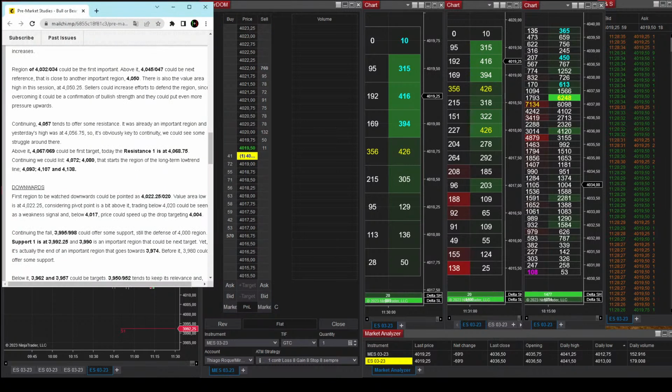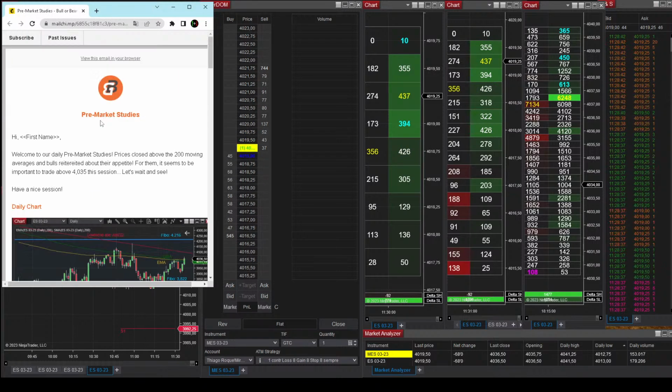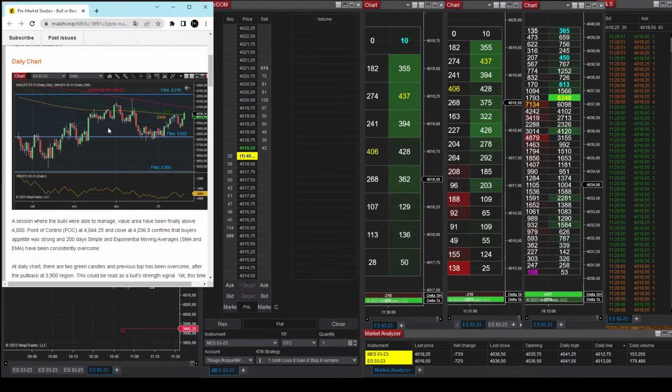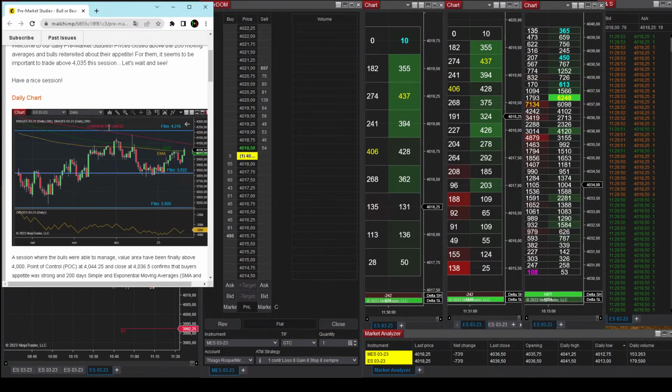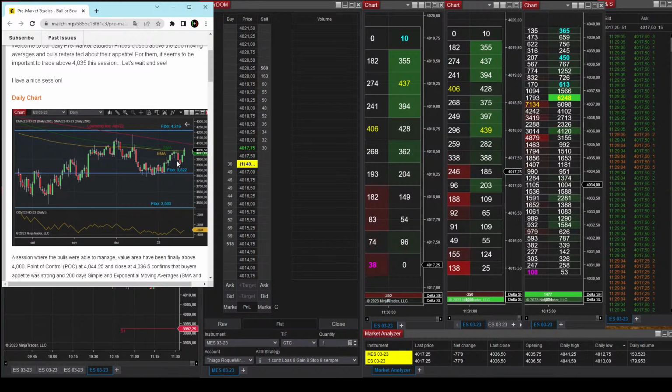Just starting, I will put here during the session our pre-market studies, as I deliver every morning. We're seeing here that yesterday we had a big green candle, where the exponential and simple 200-day moving averages were overcome.